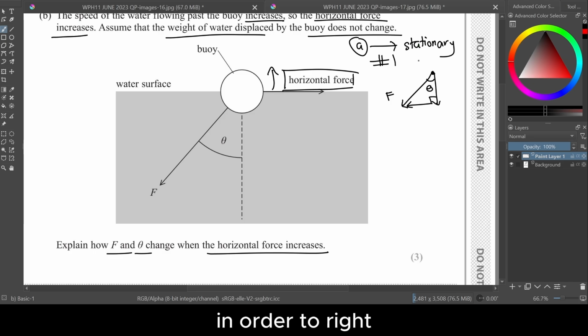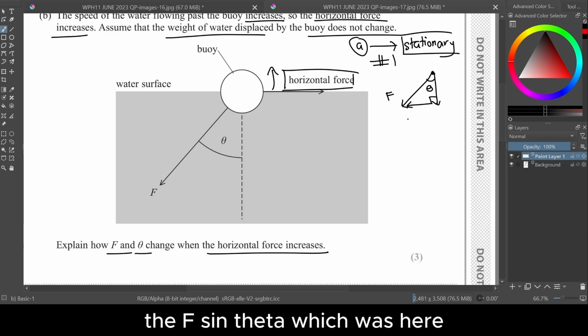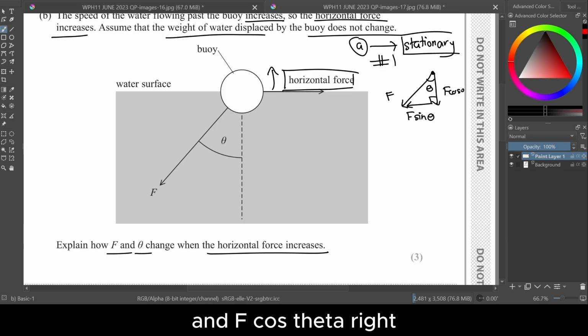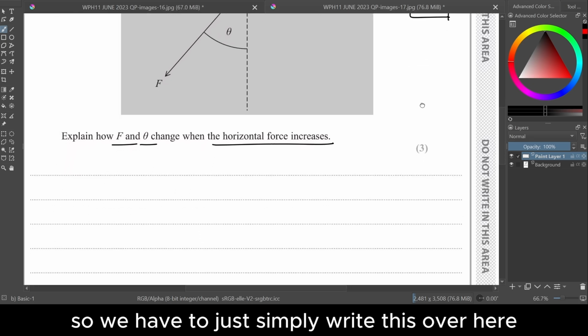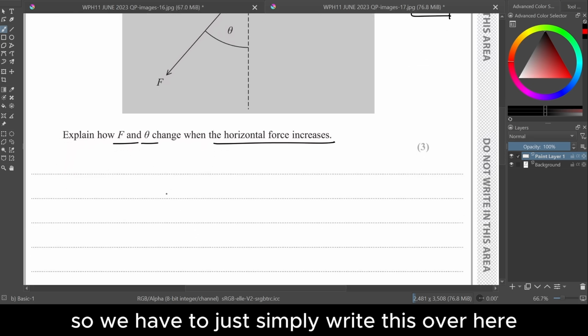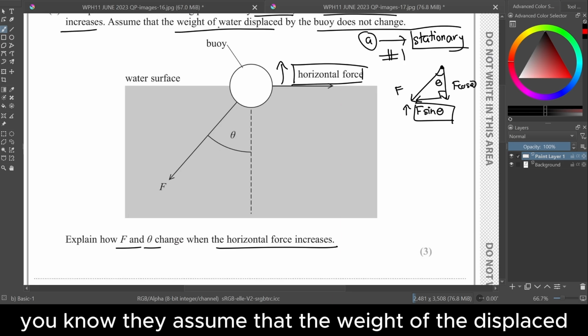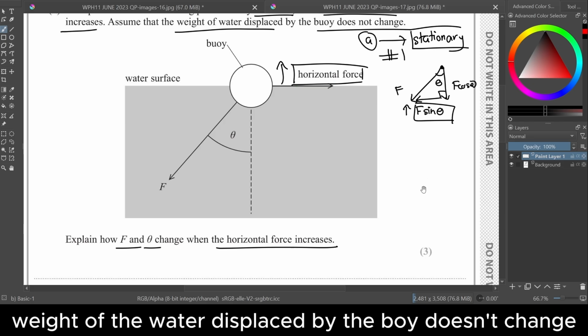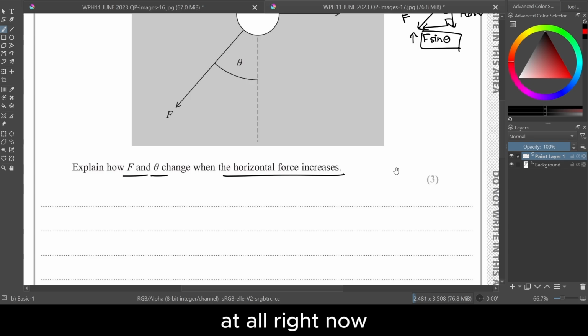In order to keep it stationary, the F sine theta here has to be increasing as well at the same time. So we have to just simply write this over here. But remember that F cos theta doesn't change, because they assume that the weight of the water displaced by the buoy doesn't change. It means that the vertical component has not been affected at all.